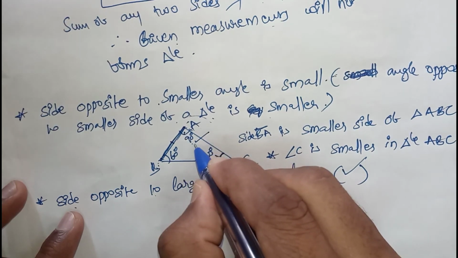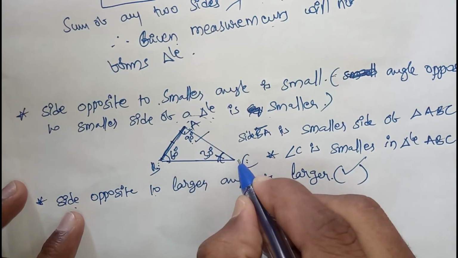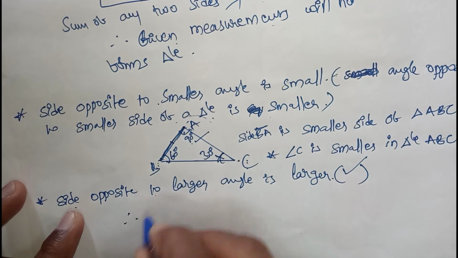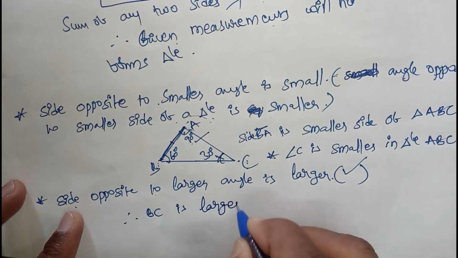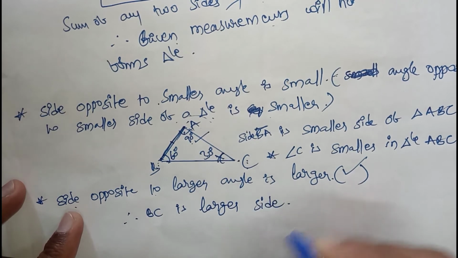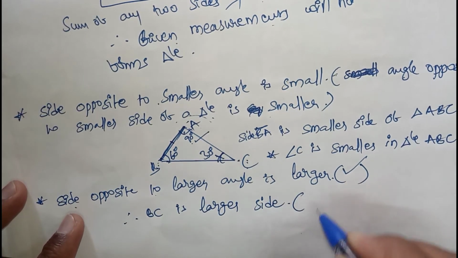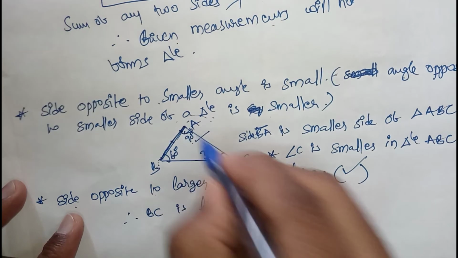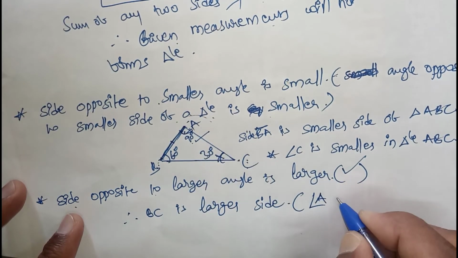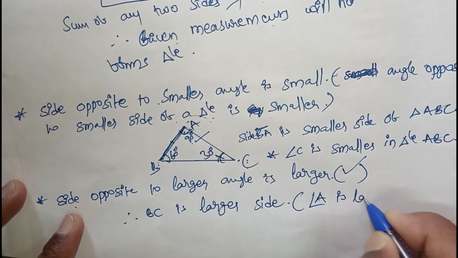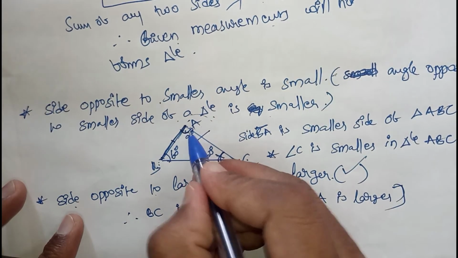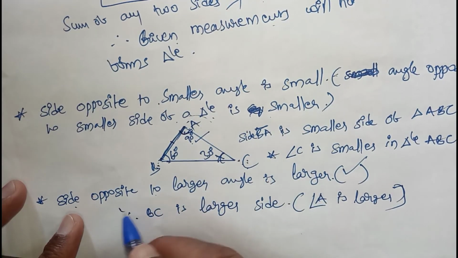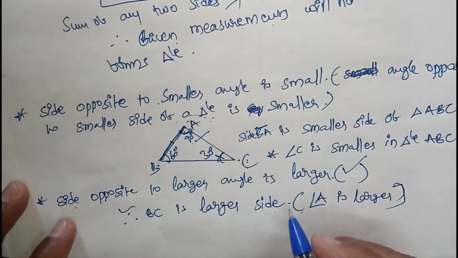For 90, the opposite side is BC. Therefore, BC is the larger side. Why? Angle A is larger, so for angle A, the opposite side is BC. We can justify BC is the larger side.